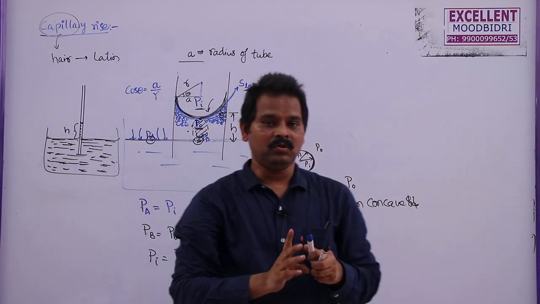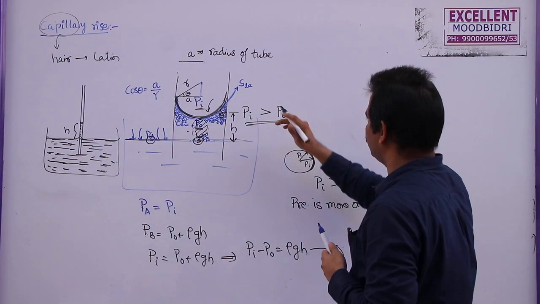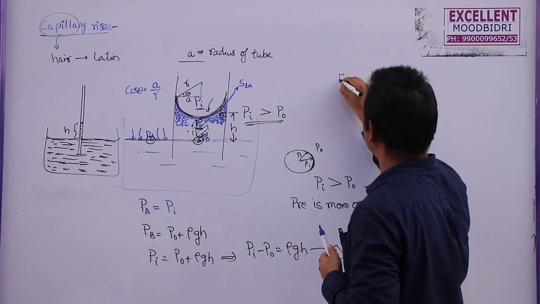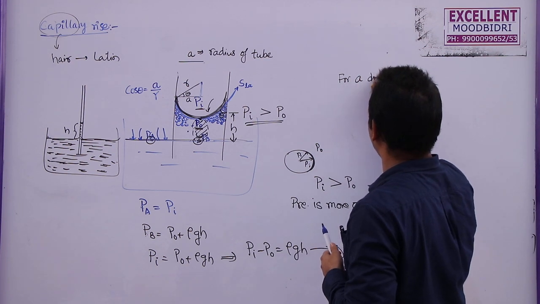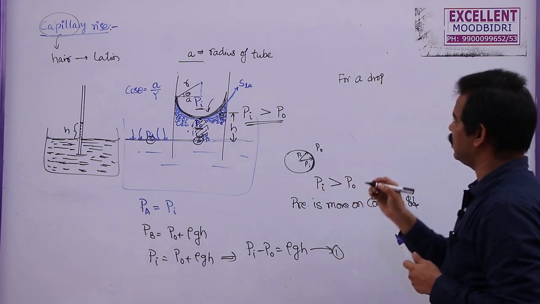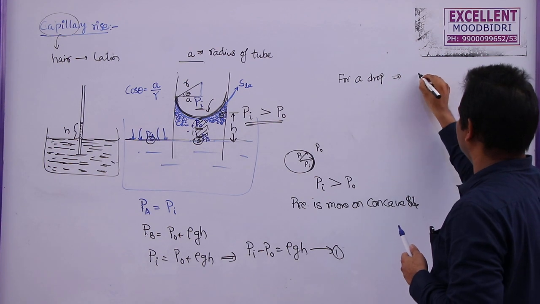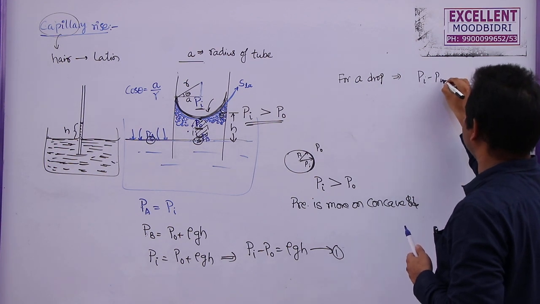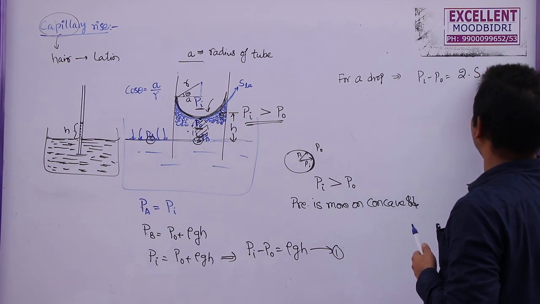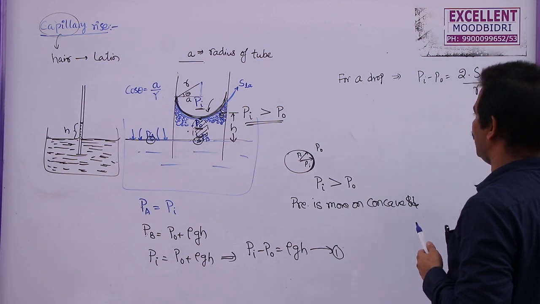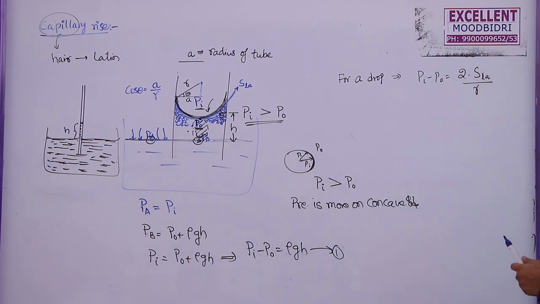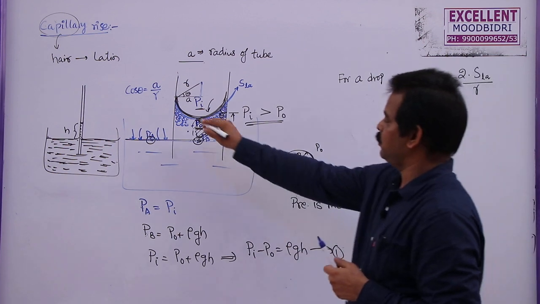Now according to this drop, we know that for any drop, whether it is a liquid drop or air drop, the pressure difference is given by 2 into S_L by R, where R is the radius of this drop here.